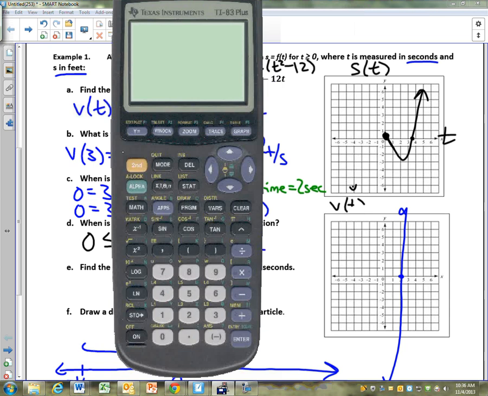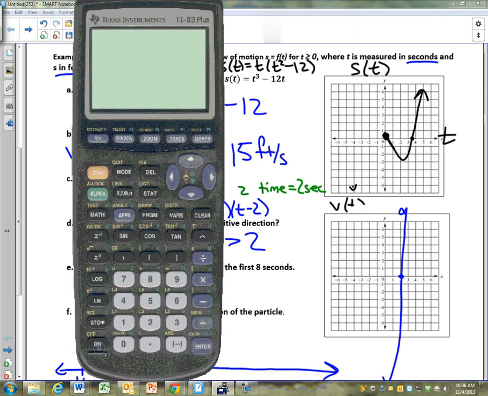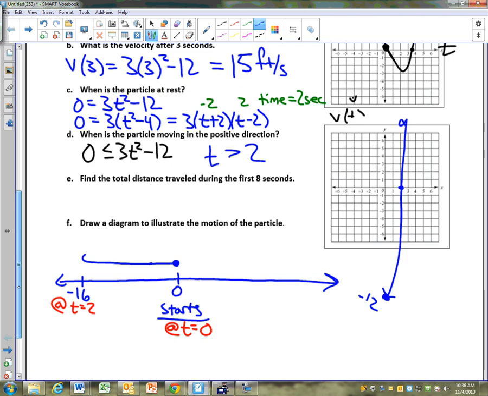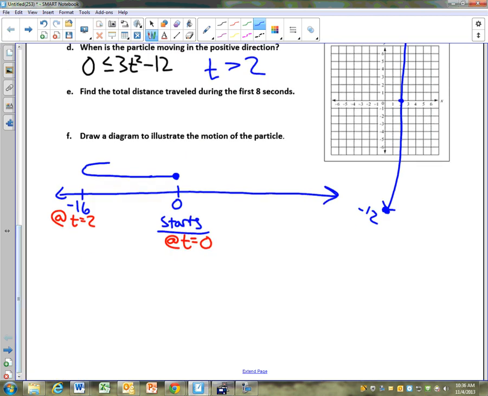Minus, here, let's just plug it in. The calculator isn't going to turn on. 496, sounds good. So if we plug in 8, we get 496. So that means the particle travels all the way around, and at time 8, it's at a position of 496.